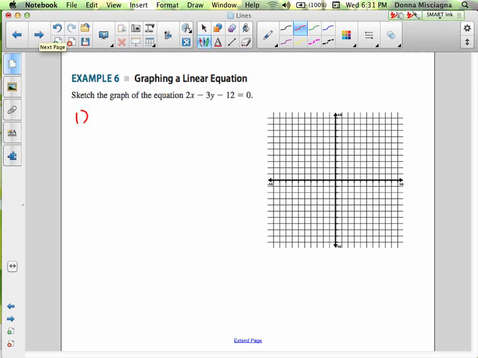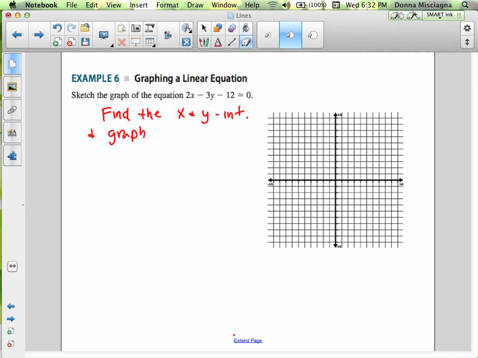You can A, find the x and y intercepts. And I'm going to put A rather than 1 because this isn't steps, this is an either or. So find the x and y intercepts and graph the points to graph the line.